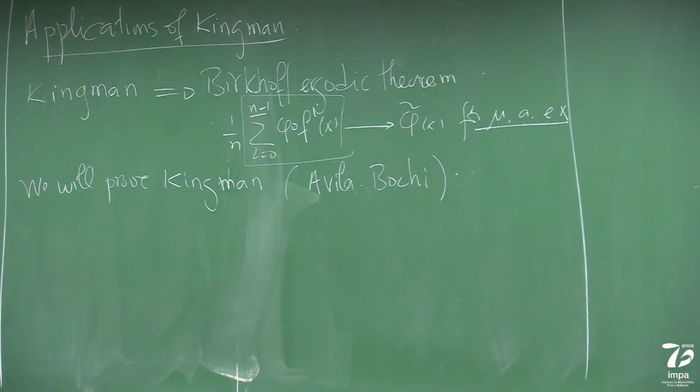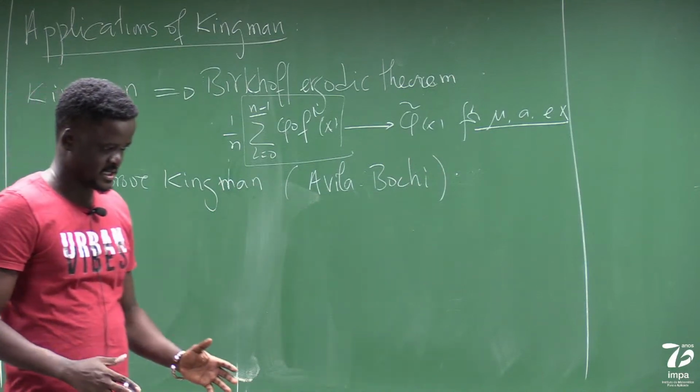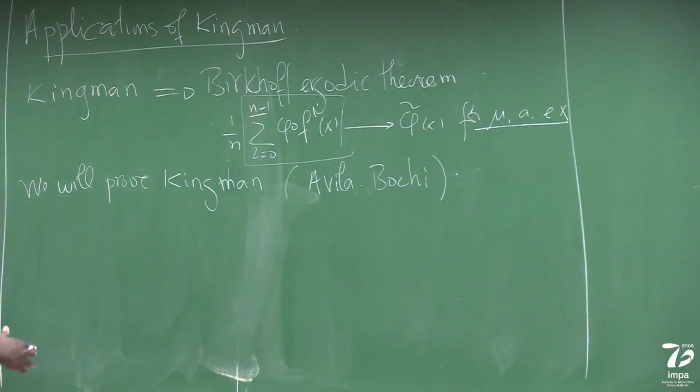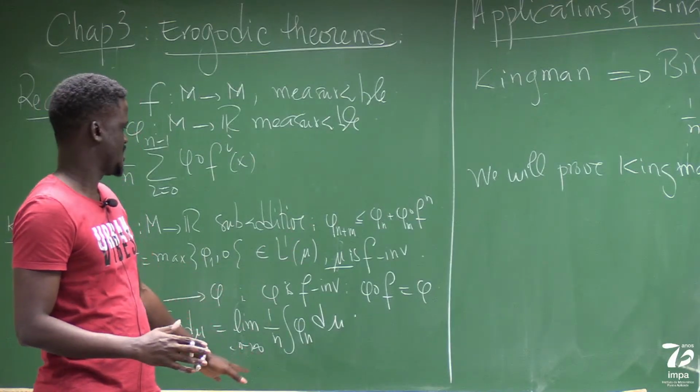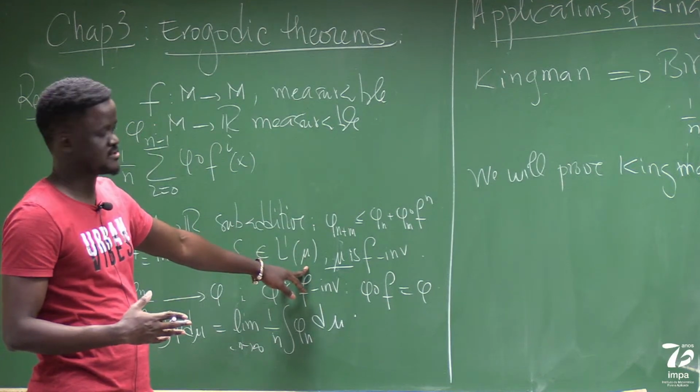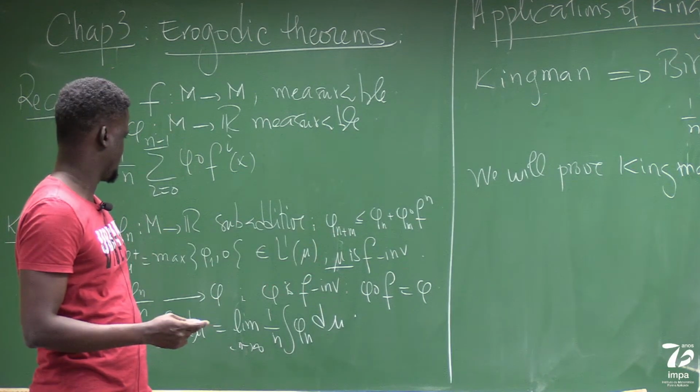So we will do this proof in the second part of this lecture. As I said last time, this is very important. This is a very important theorem in dynamical systems, as for instance it gives the definition of Lyapunov exponents that I will do in a minute.